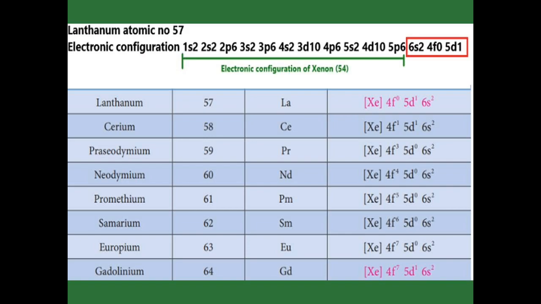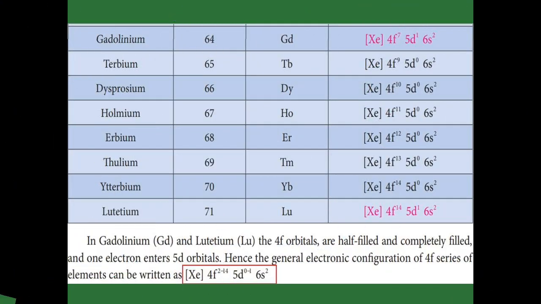Instead, one of the electrons goes to 5d1. Because 4f7 is half-filled, the element wants to remain in a stable configuration. Half-filled means stable configuration. So in gadolinium's electronic configuration one of the electrons goes to the 5d orbital instead of 4f.